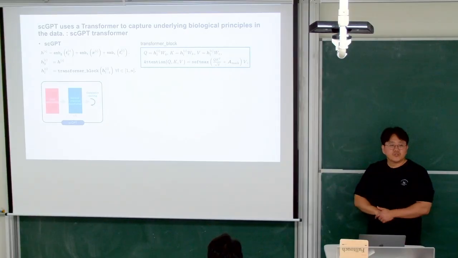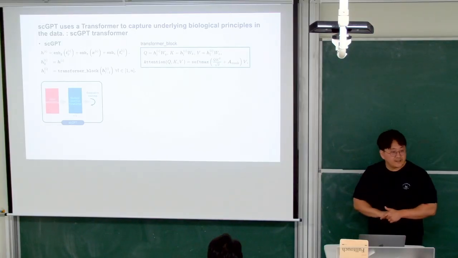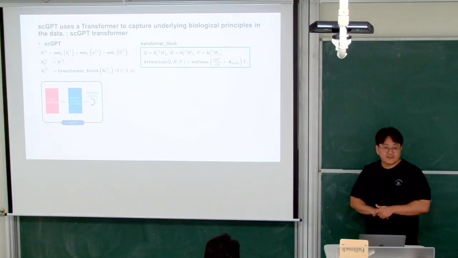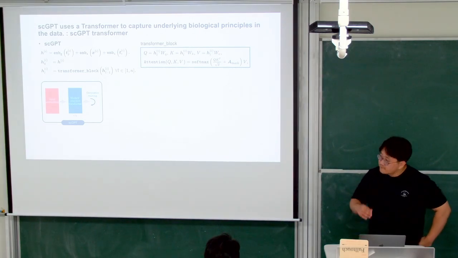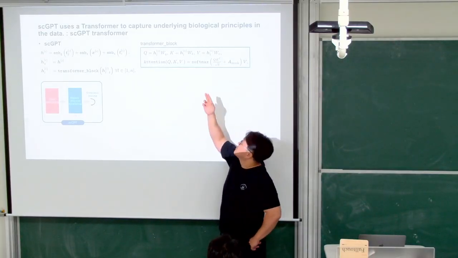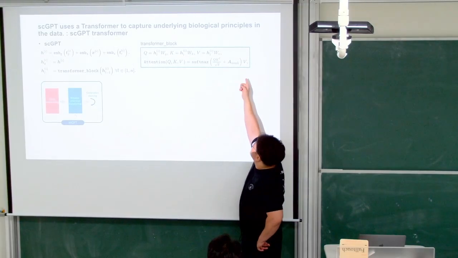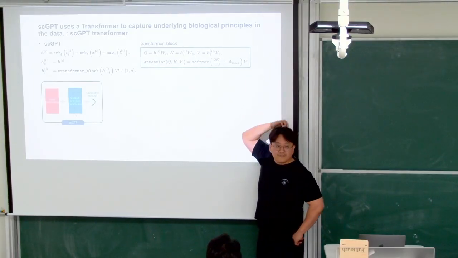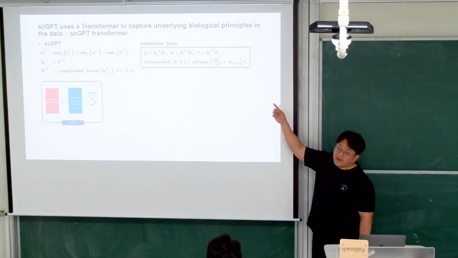QK transpose is the inner product of the query tensor and key tensor, and we use that quantity as the attention score, the weights of each value tensor. So this is the score, and then we apply the softmax. So this is the attention score or attention weights, and then we multiply the V tensor. Then, what is the A mask in here?